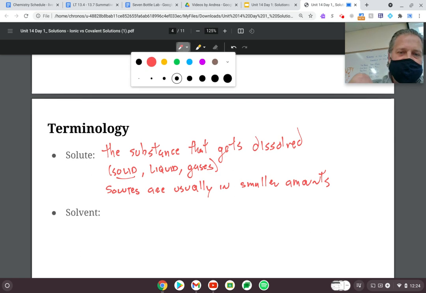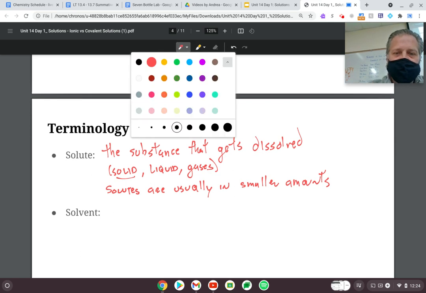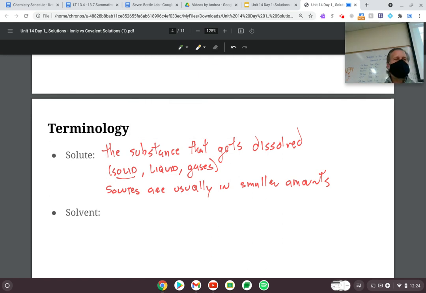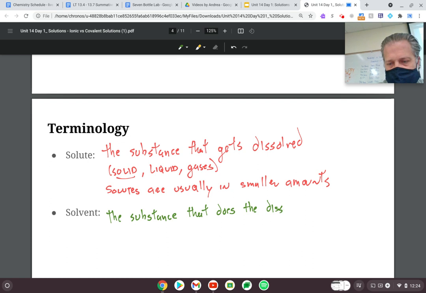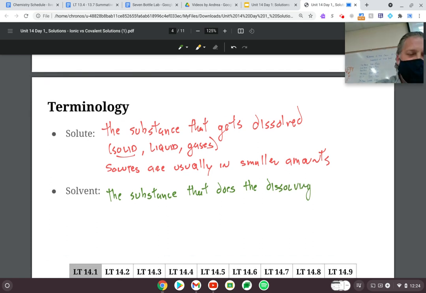And then the solvent is the substance that does the dissolving. In our personal experience, more often than not, we think of that as a liquid, like water, but it can be a gas and it can be a solid as well.